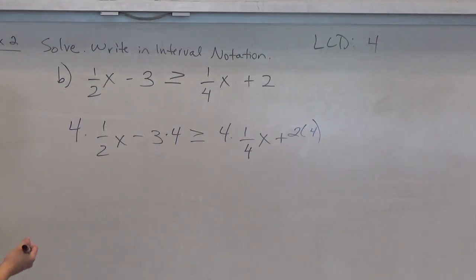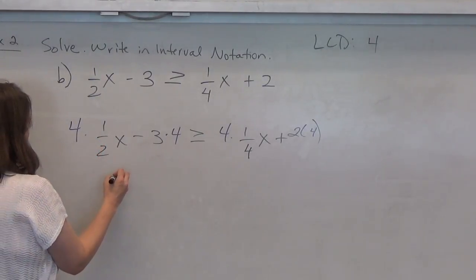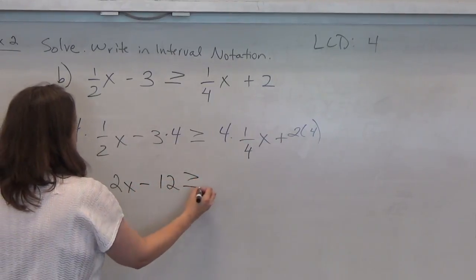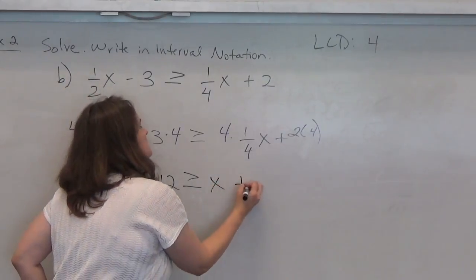And simplifying this will eliminate the fractions. 4 times 1/2 x is going to be 2x minus 12 is greater than or equal to. 4 times 1/4 x is just going to be 1x plus 8.